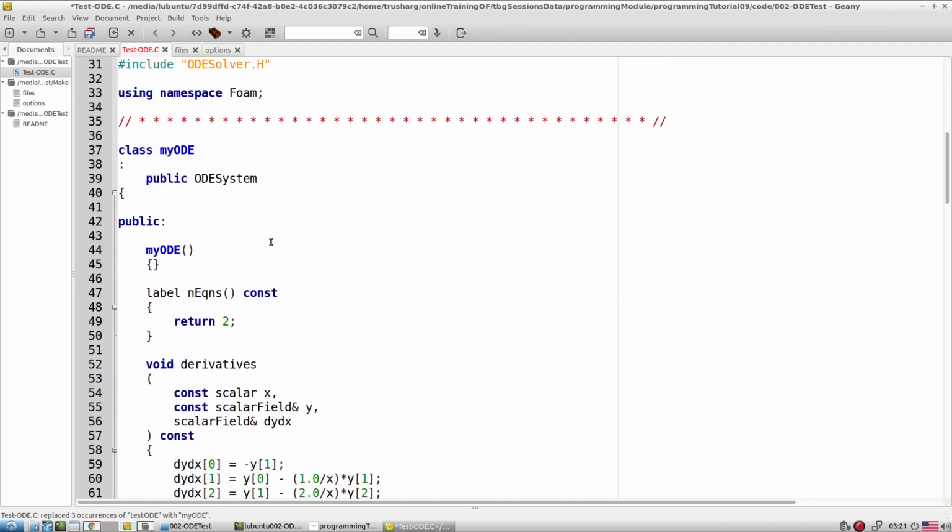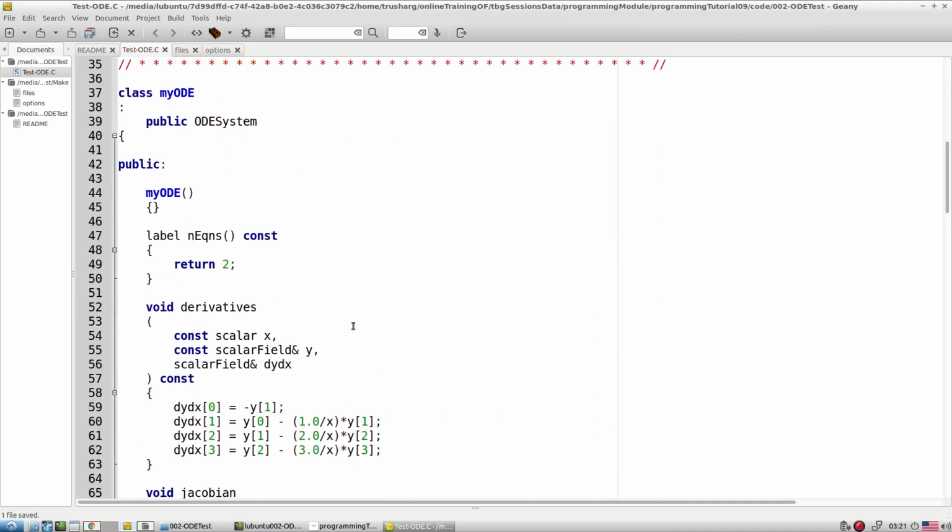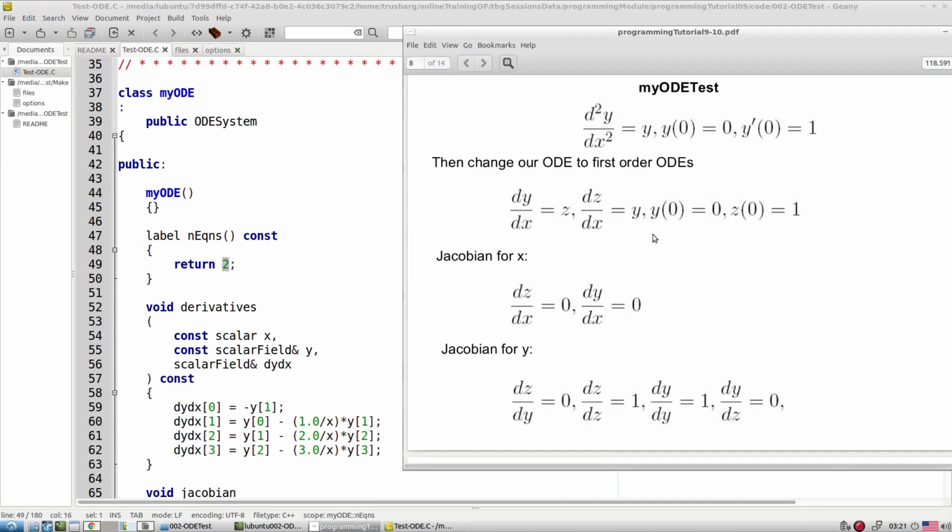Now let's construct the solver. What we need is the number of equations. The number of equations is 2, 1 and 2. Now we are supposed to write the equations here.